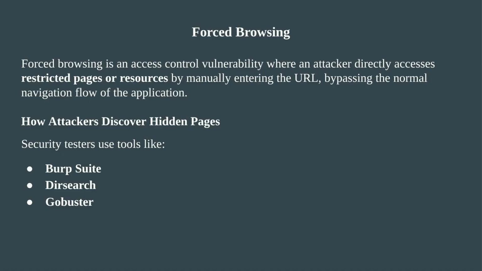If the application fails to check user permissions properly, the attacker may gain unauthorized access. Security testers often use tools like DirBuster, GoBuster, or Gobuster to discover hidden pages and endpoints.